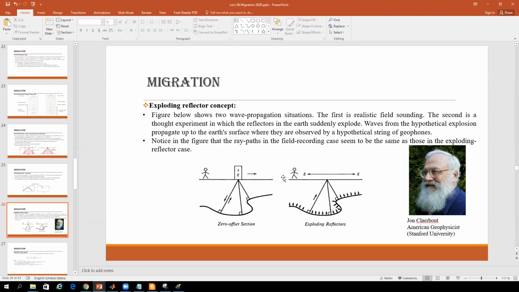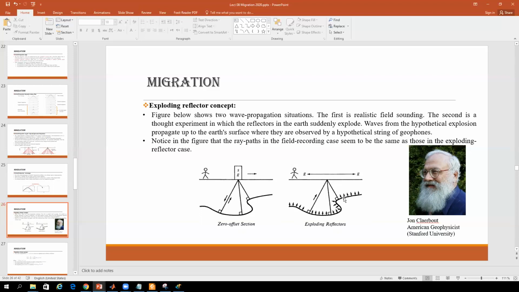We can simulate it in a way that we put all the geophones on the ground and we put the sources on the reflector itself. We put the sources in the subsurface. It's kind of a virtual experience.